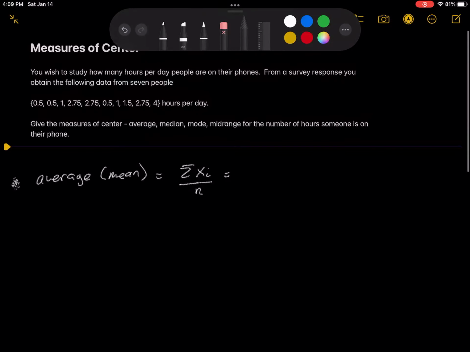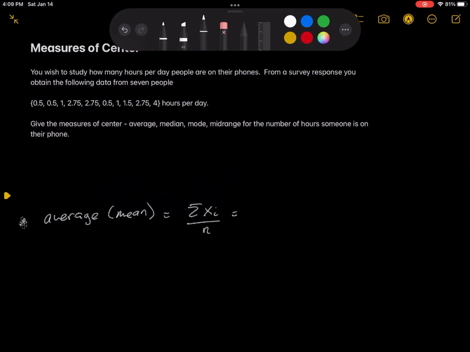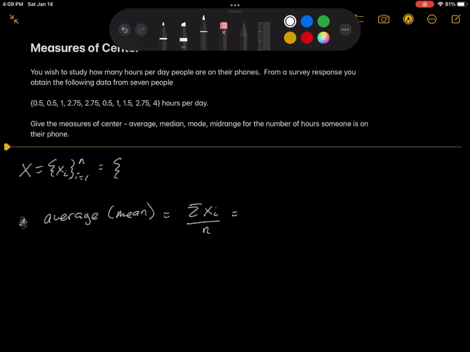So here, in fact, before we jump into everything, let's just rewrite our data. Let's call it X, so that way these X's make sense. So my data is called X. And if we're rewriting the data, let's go ahead and order it.